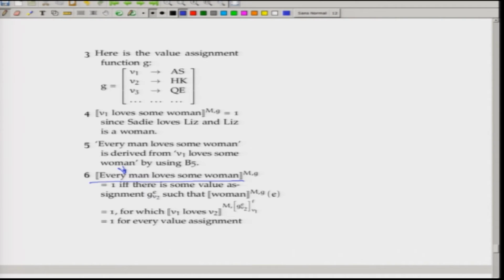Also, if we want to follow the strategy of the book, then we may rewrite it this way. So we may write that this sentence, that is, every man loves some woman, is 1, if and only if, we started with woman and then we go to man, if and only if.